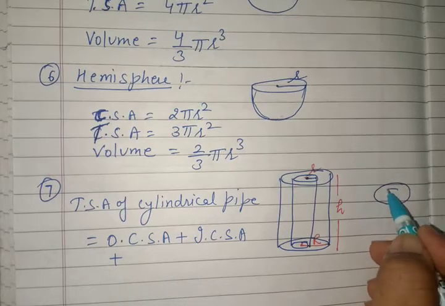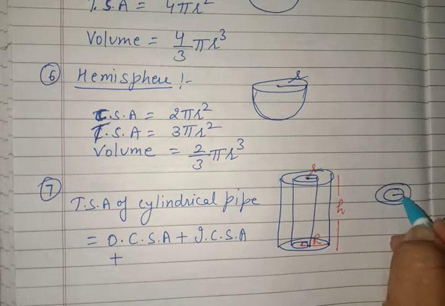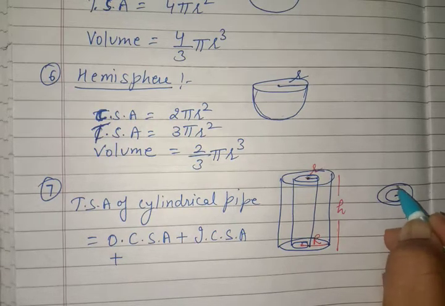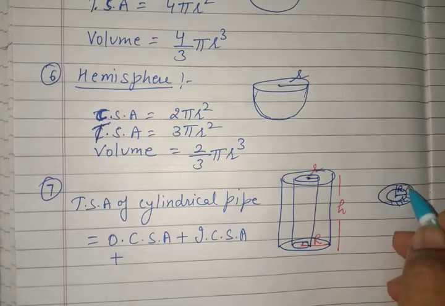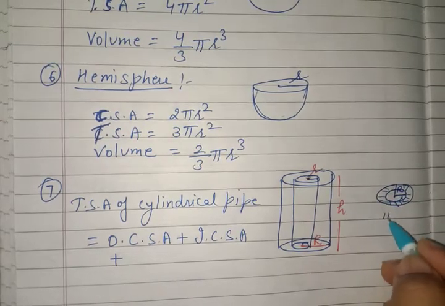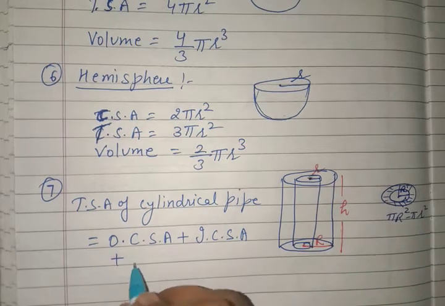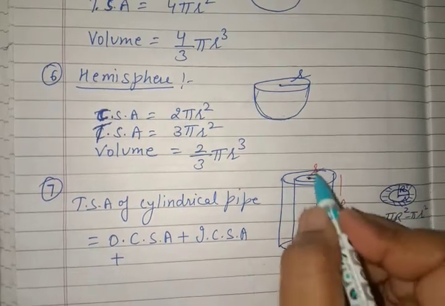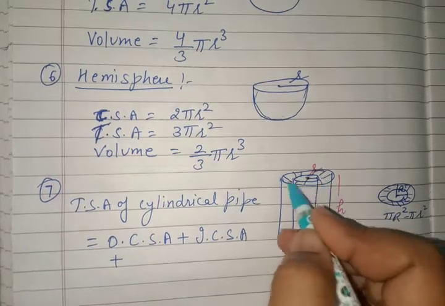One circle inside, one more circle inside it, and its radius is small r and its radius is capital R. So what is the area of this ring? Area of this ring is pi capital R square minus pi small r square. So how many rings are there? 2 rings are there, na?